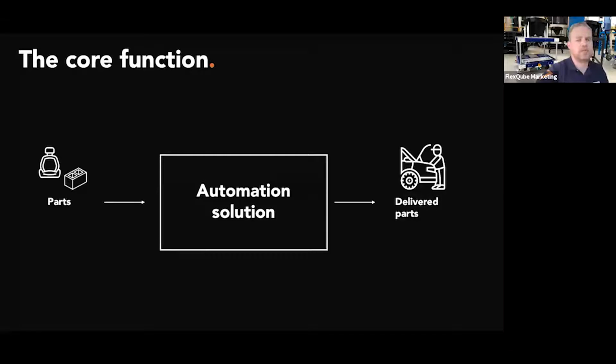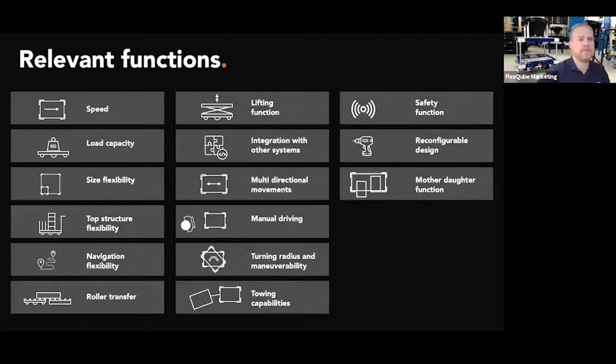So you can see the automation solution as a black box. But of course, inside this black box, you need a lot of functions in order to fulfill this mission in the most efficient way that meets the values that we have defined.